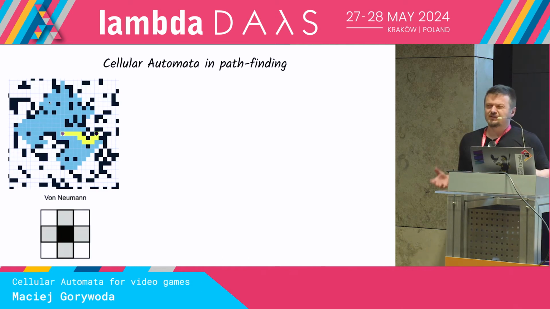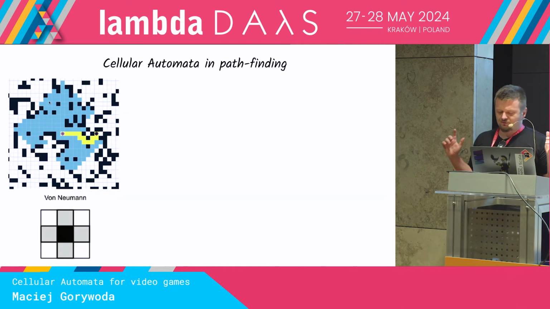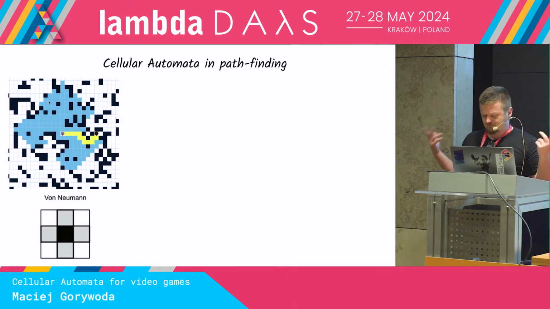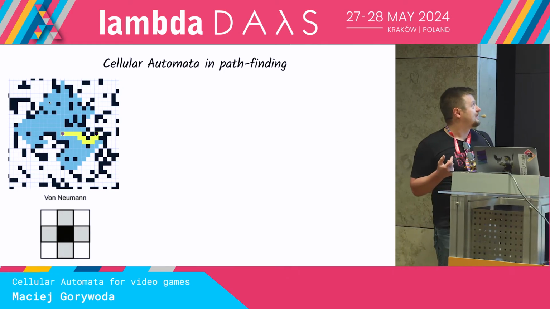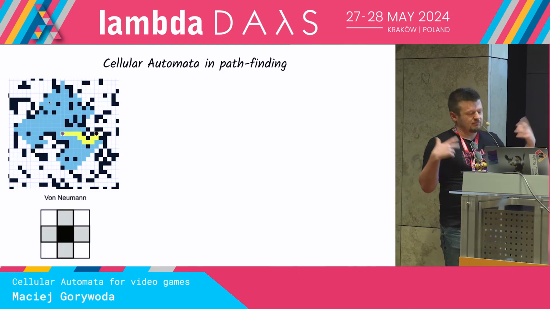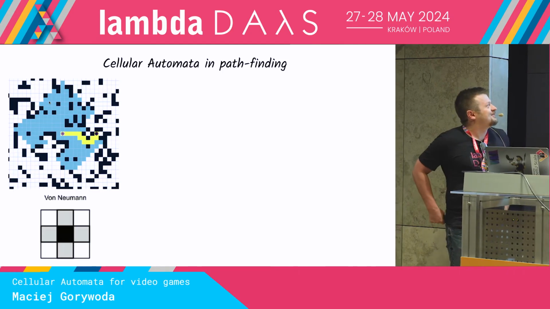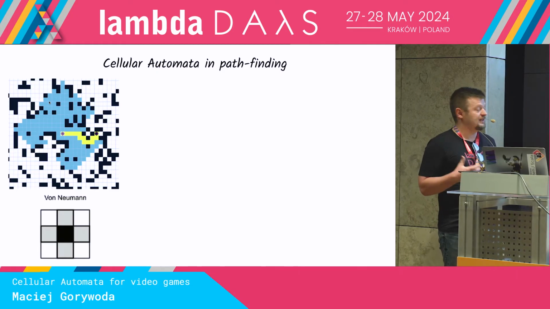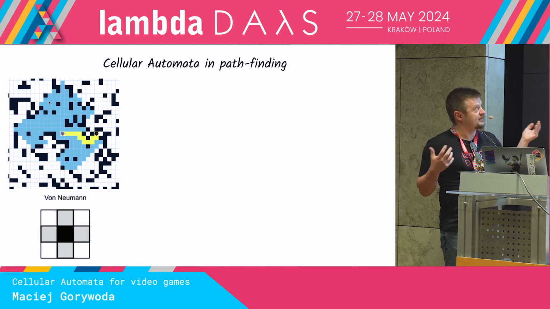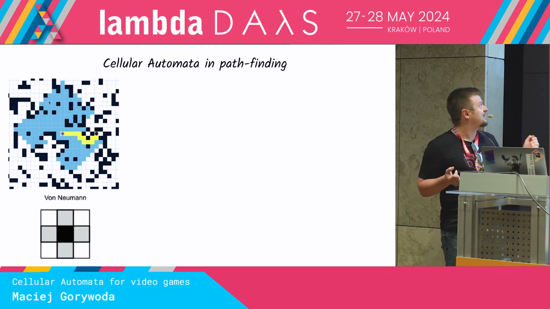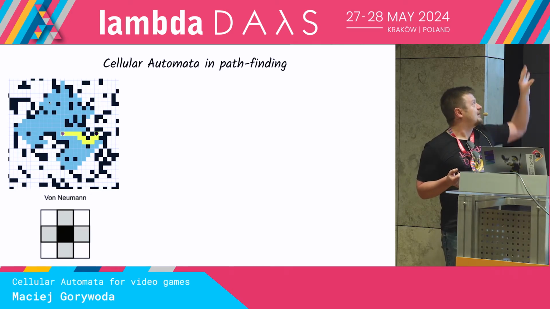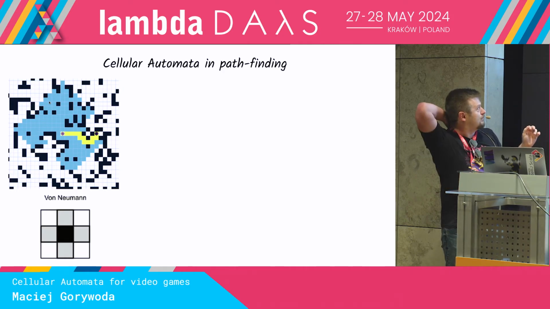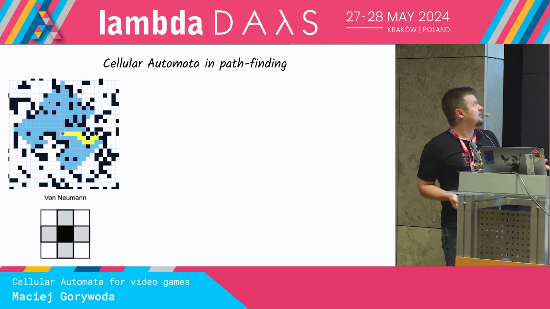But that's not all. That's already fine for first-person shooters or games like that, but we can do better. Second of all, Cellular Automata can also be used for pathfinding, and that's not only for video games, but okay, let's talk in this context. So we have some sort of a board where there are some walls or places where we can go through, and we want to find a path from one star to the other.